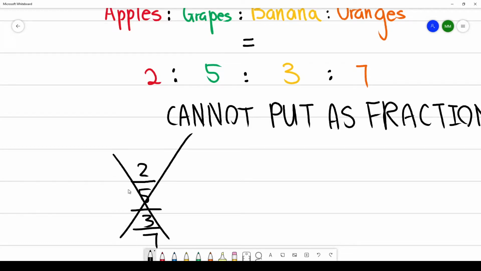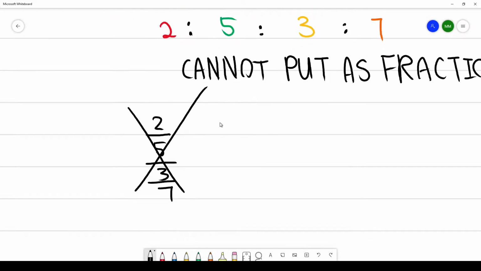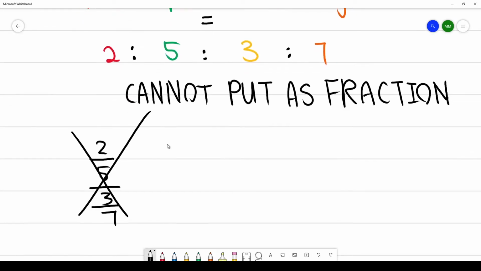That is totally wrong. You cannot do this. So you cannot put it as a fraction. I'm going to highlight this. Never, never do that. Okay. If you do this, oh God, you're in big trouble.